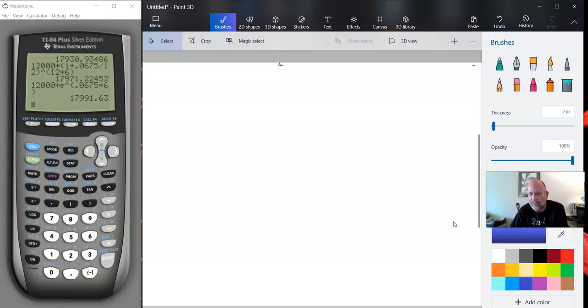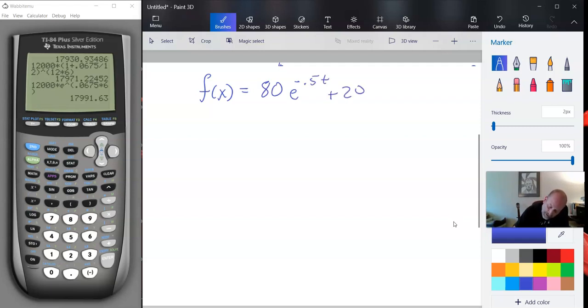This is certainly not applicable to every single person, but one of the equations that is used to describe how much you remember is f of x is equal to 80 times e to the negative 0.5 t plus 20. Now, let me describe what we got here. Oh, not t. I used x, so.